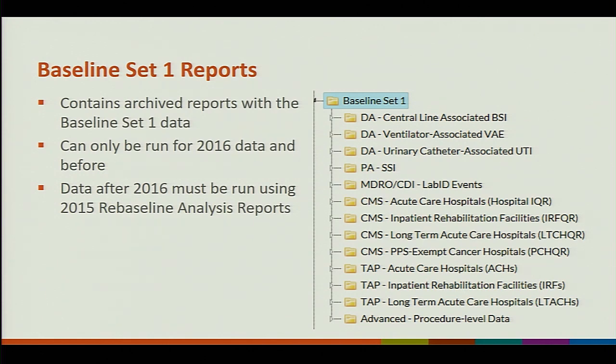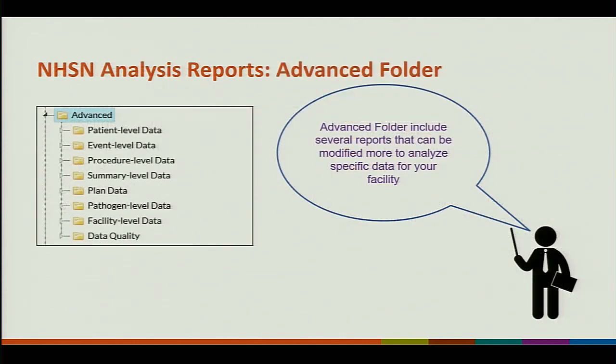The baseline one set reports is a good place to do that. But again, just be mindful that anything beyond 2016 will not be found in this report. You have to run just those general HAI module reports that I previewed in those previous slides. So that's always there.